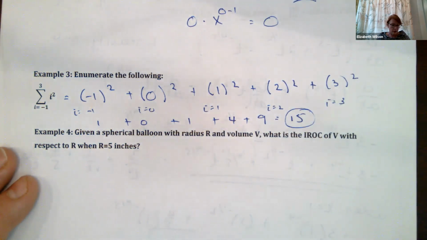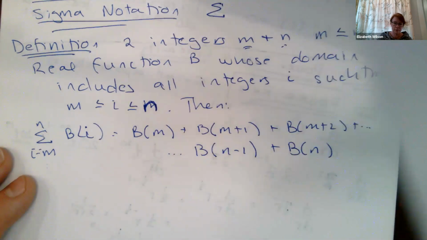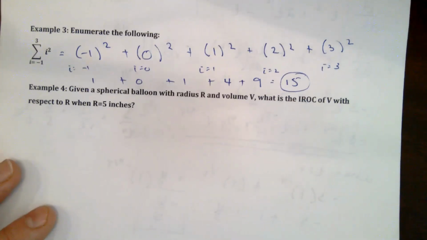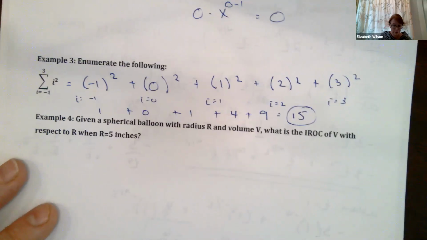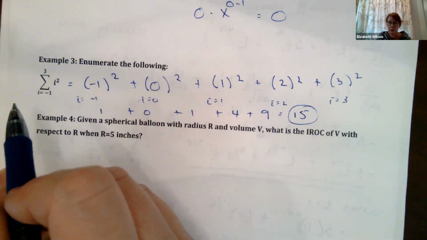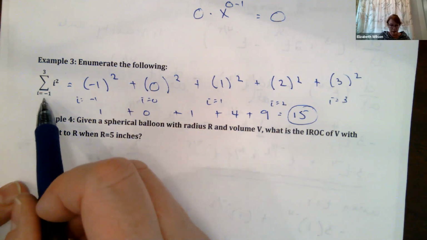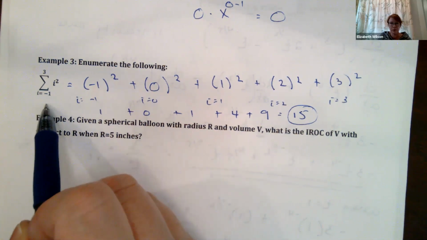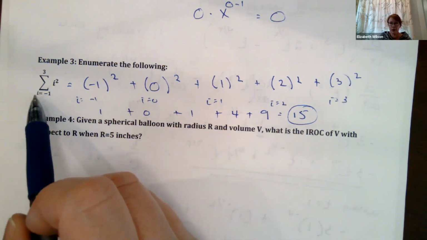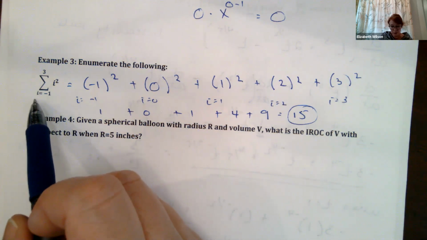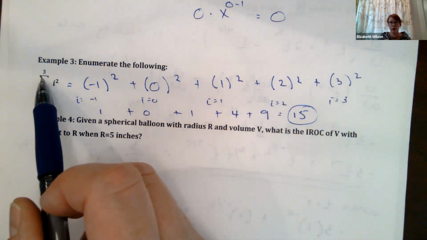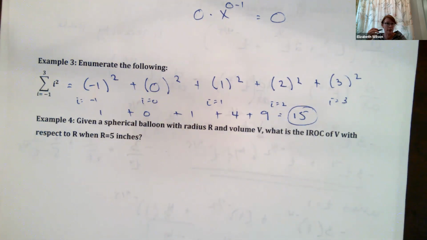Okay. So sorry, what does the 3 mean at the top of the sigma sign? Oh, it tells me when to stop looping, right? So this is like a computer program, like a loop where I say, for i starting at -1, increment i by 1 until i equals 3. So in a computer program, we would say, does i equal 3?